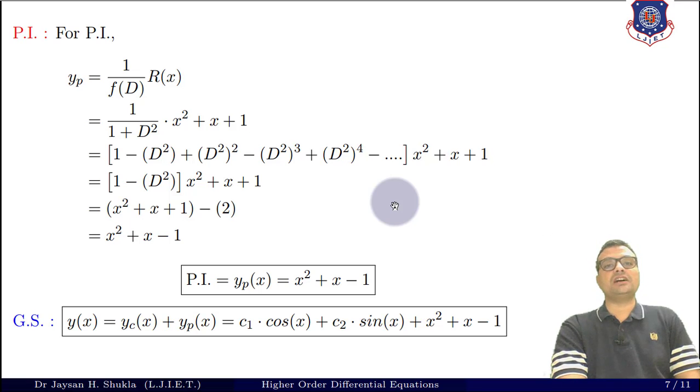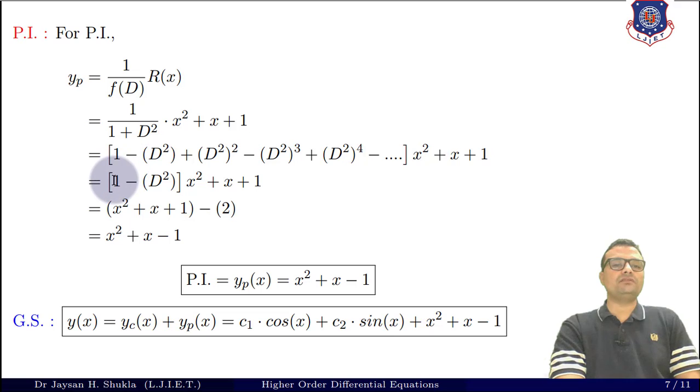Rest of the values are not important as they are going to be 0. There is only one term with power 2 or less than 2, and that is D square. From this point, D raised to 4, D raised to 6, D raised to 8, all values are going to be 0.